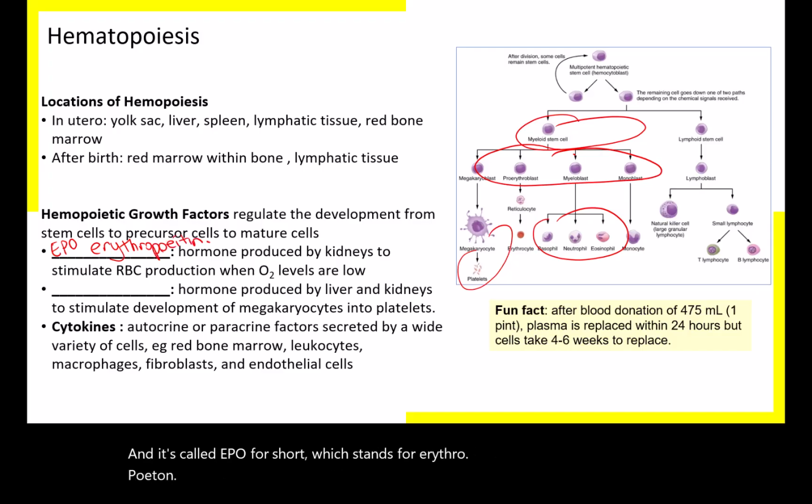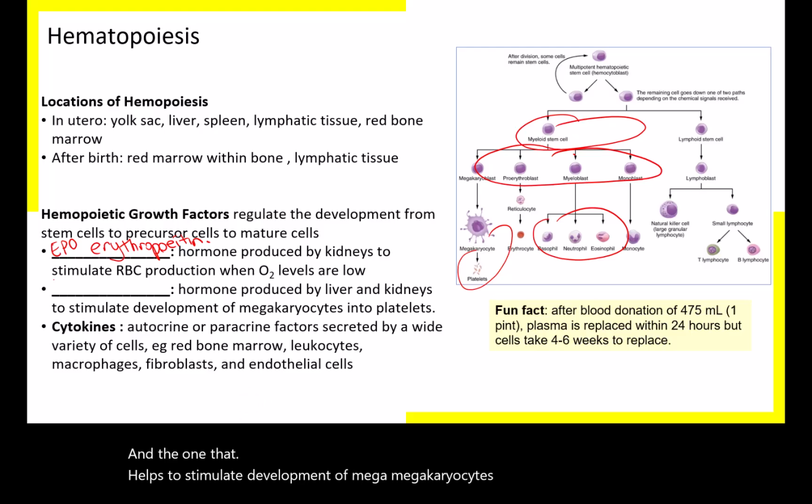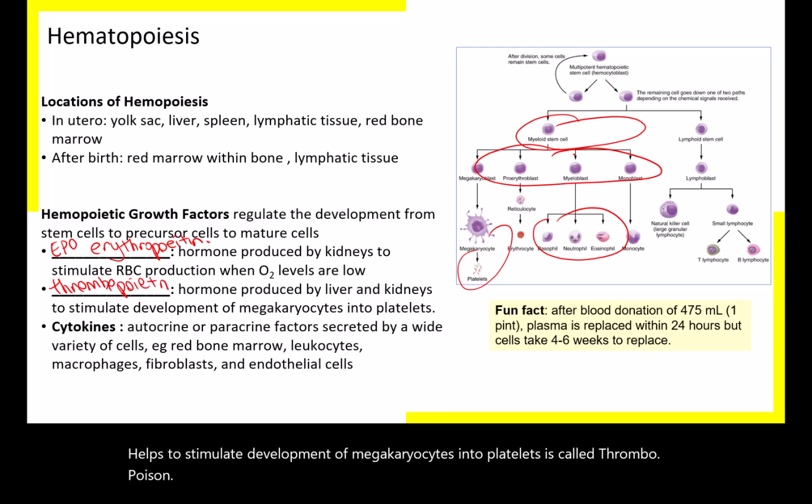And the one that helps to stimulate development of megakaryocytes into platelets is called thrombopoietin. So thrombopoietin is produced by both the liver and the kidneys, whereas erythropoietin is produced by the kidneys, right?